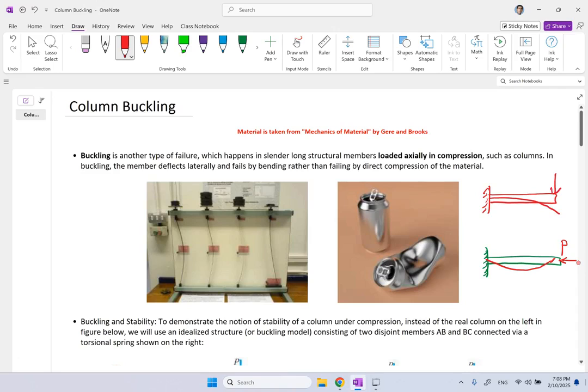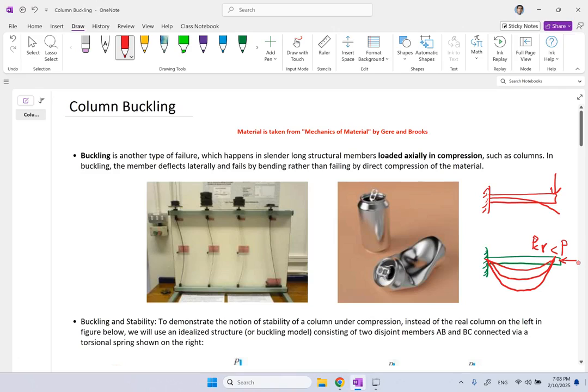But in buckling, once this P passes some critical limit, this deflection starts getting bigger and bigger, and the system goes unstable until the system will collapse. So the deflections due to buckling are going to be non-static, and keep increasing in an unstable manner until the system collapses. You have seen examples of that in real life.